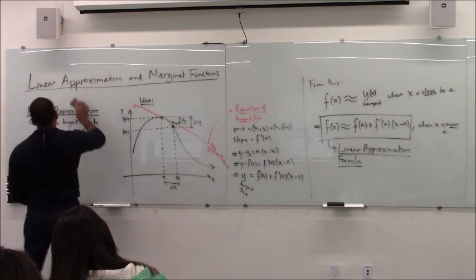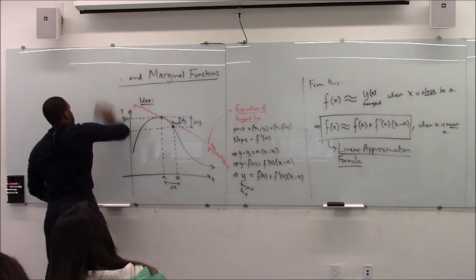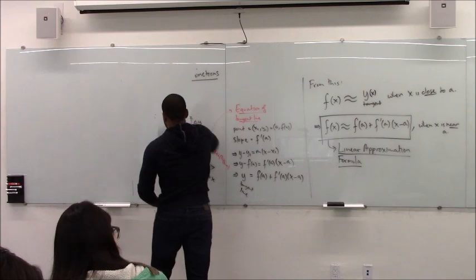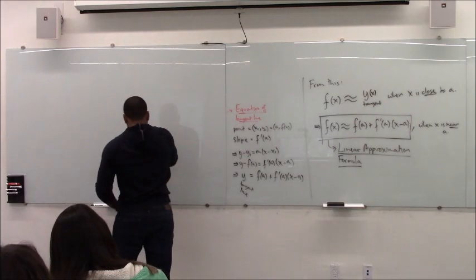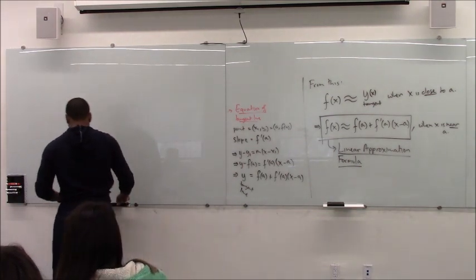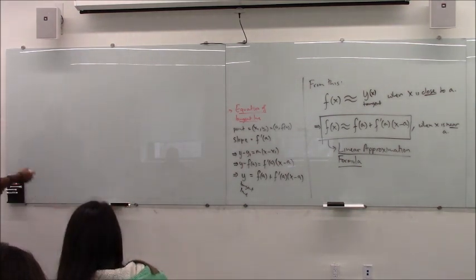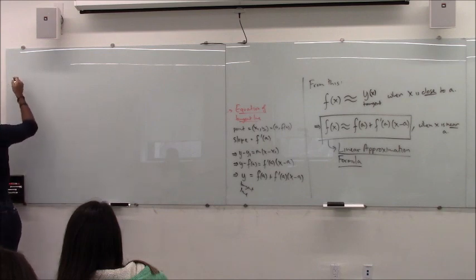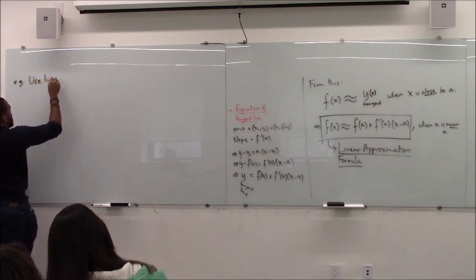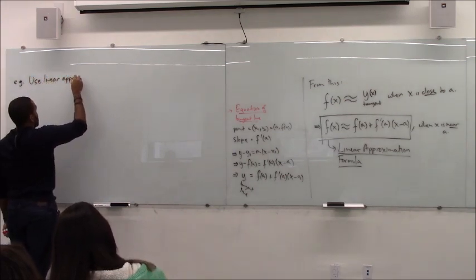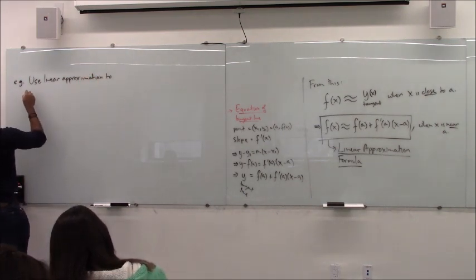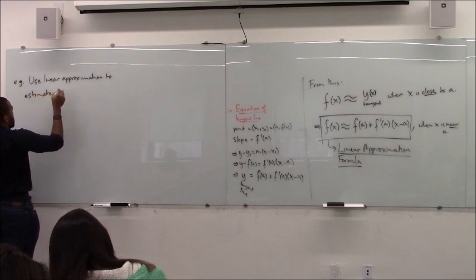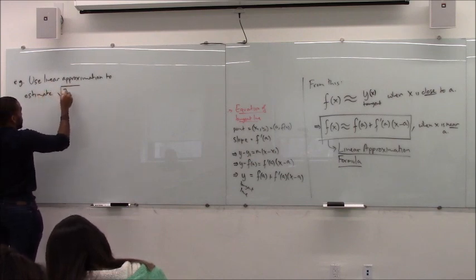So let's do an example. Use linear approximation to estimate the square root of 3.99.